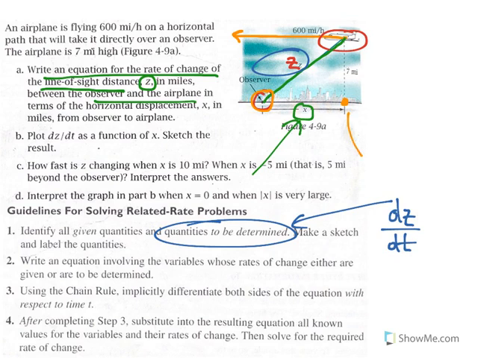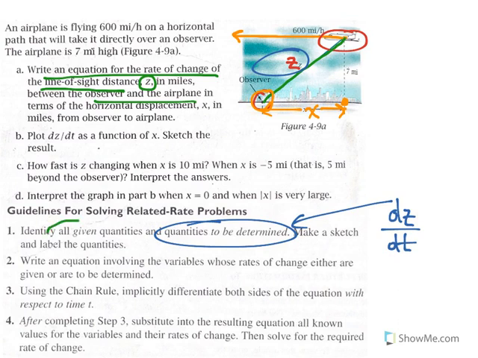So obviously this point is moving as the plane is flying. And x represents the distance from the observer to the point on the ground that is directly below the plane. And that point is moving, so the distance x is also a variable, just as the distance z is a variable.